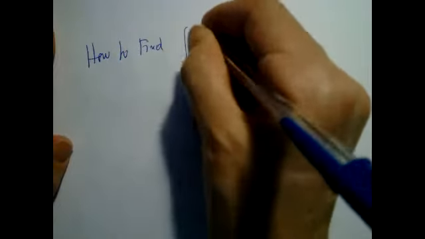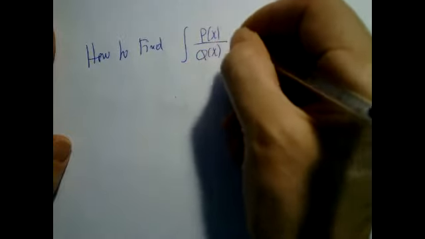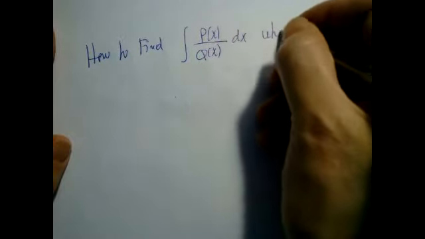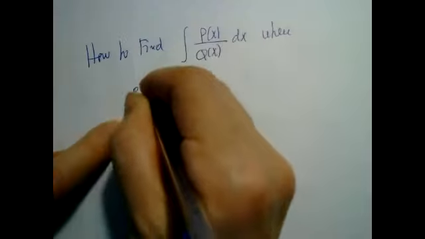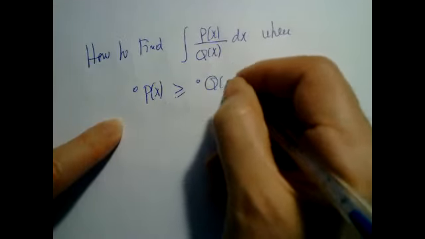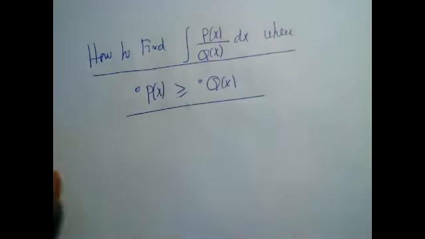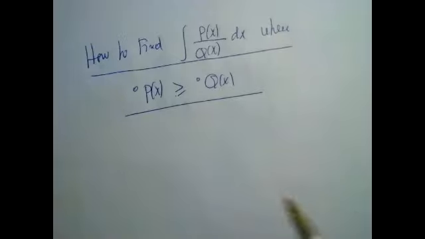So how to find the integral of p of x over q of x dx when the degree of p of x is bigger than or equal to the degree of q of x? And then the whole picture will be complete.